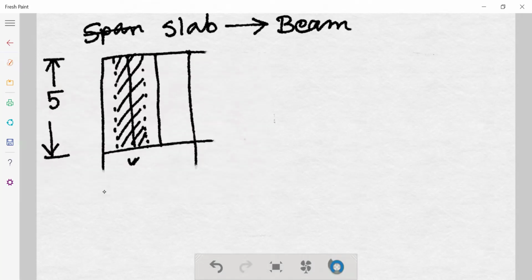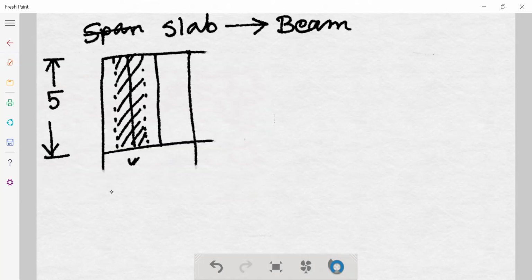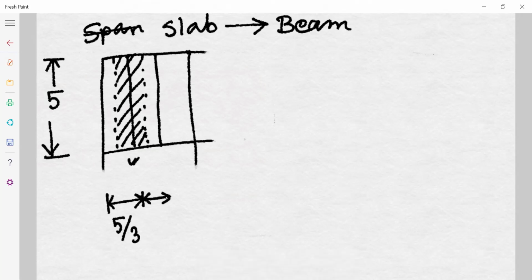Since the secondary beam has divided the panel into 3 parts, this part becomes 5 by 3, isn't it? Every part becomes 5 by 3.